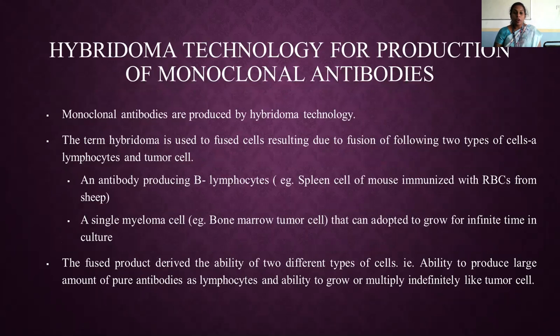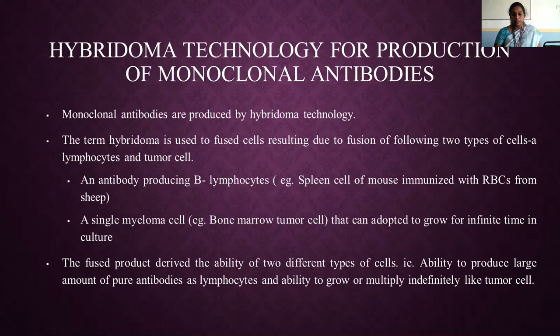Hybridoma technology involves the production of monoclonal antibodies. The term hybridoma is used for cells resulting from the fusion of two types of cells, that is, a lymphocyte and a tumor cell: an antibody-producing B lymphocyte, for example, spleen cells of a mouse immunized with RBCs from sheep, and a myeloma cell, which is a bone marrow tumor cell that can be adapted to grow for infinite time in culture.